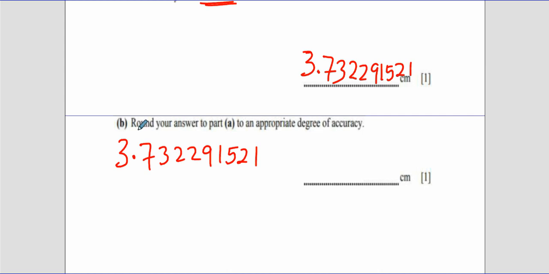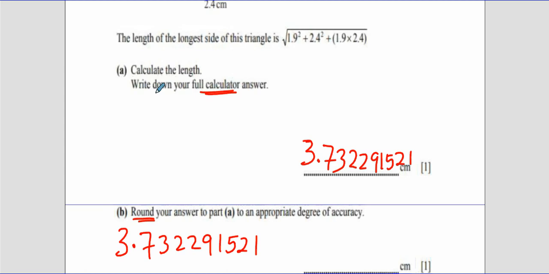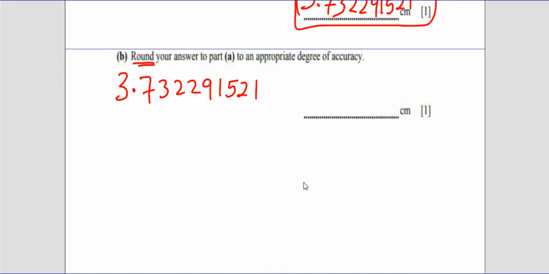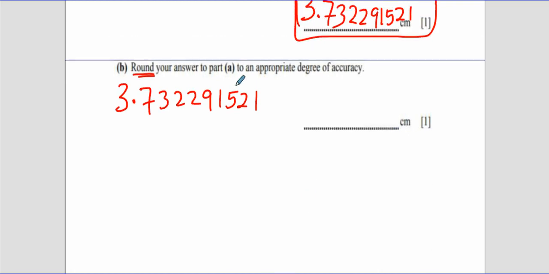So that is why we have this question here. Round your answer to part A to appropriate degree of accuracy.